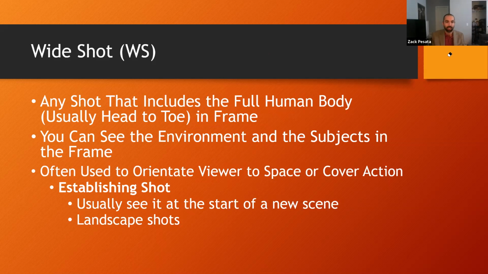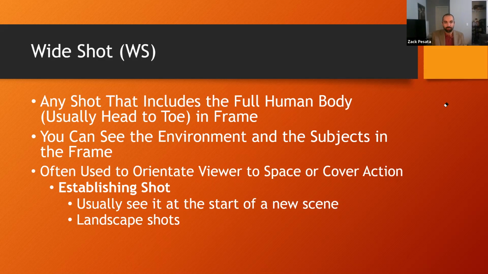With a wide shot, you also see the environment in the frame. So you see the subject in relation to the environment. It's often used to orient the viewer to the space or to cover action. When you're introduced to a new scene and a new location, often what's sequenced at the start of that scene is an establishing shot, which is like a wide shot of the location.